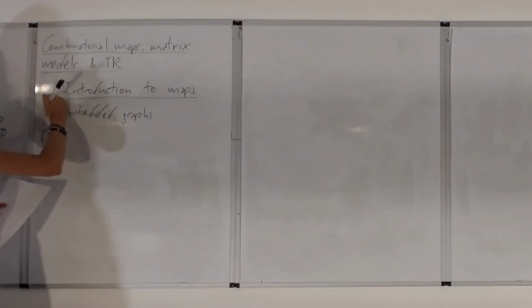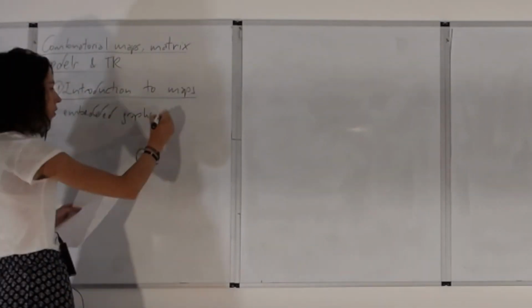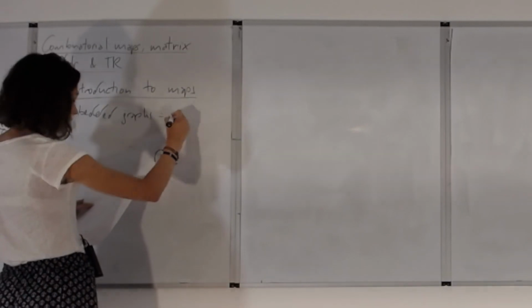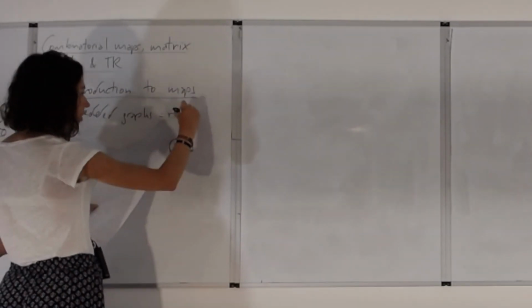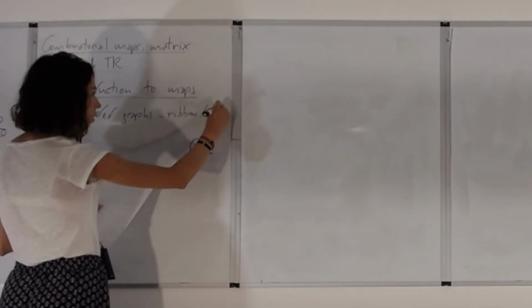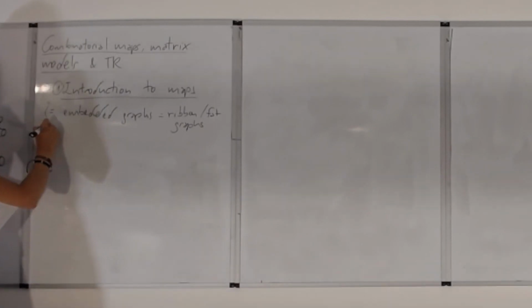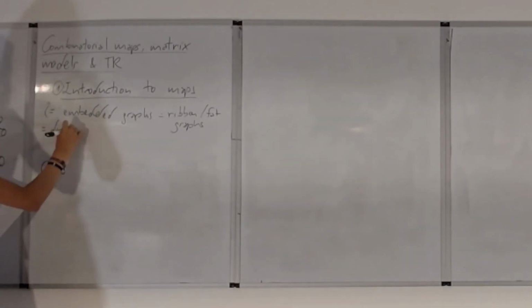This is just to clarify in case you heard some of these names, so you know that we are talking actually about the same objects. Just that in different contexts they receive different names. So they are also called ribbon or fat graphs, and maybe also discrete surfaces.